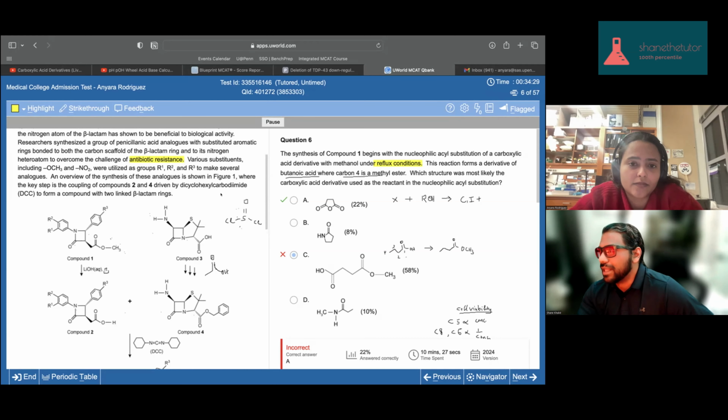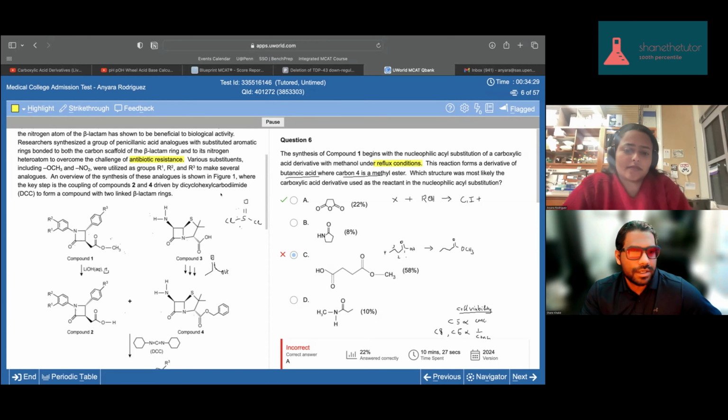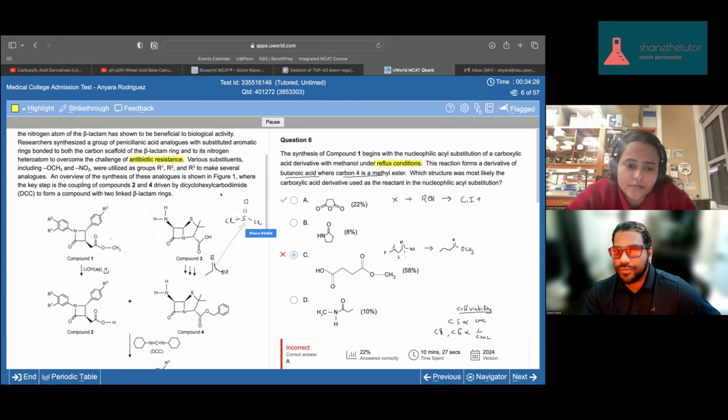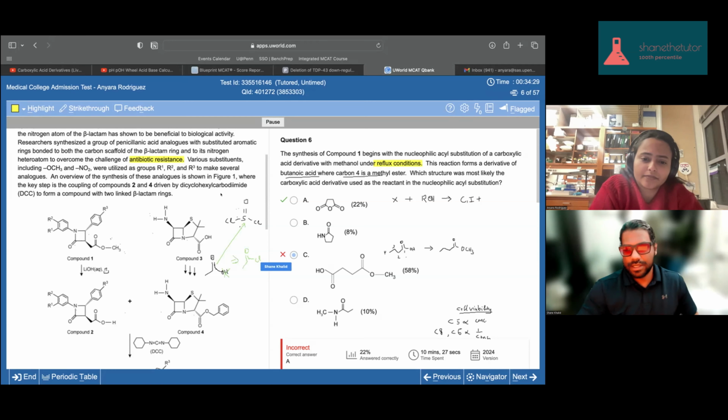That would mean this could attack here and form a bond with that. And eventually this gets kicked out, and you just have the chloride part that's there.